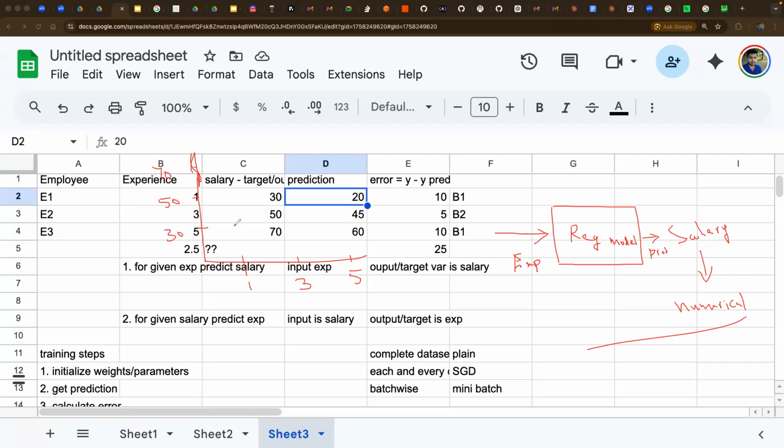For 1 it is 30, so I'll take this point, and for 3 it is 50, so I'll take this point. For 5 it is 70, so somewhere here.